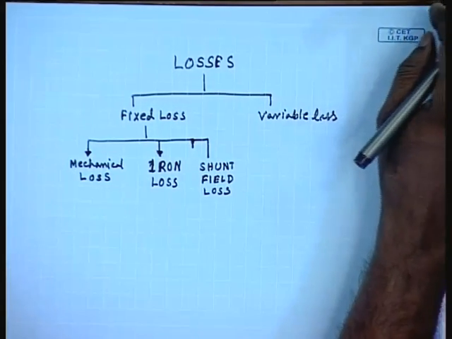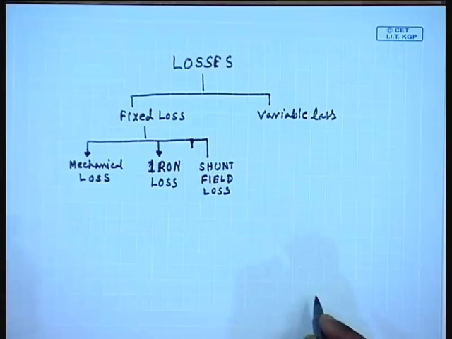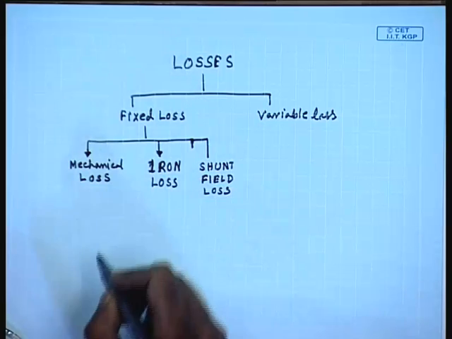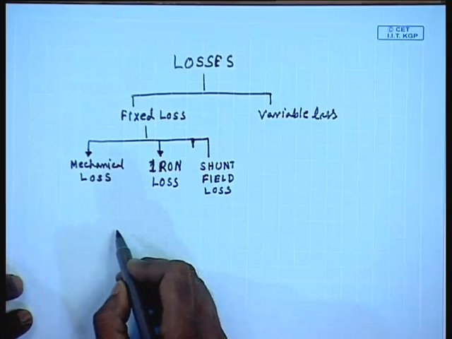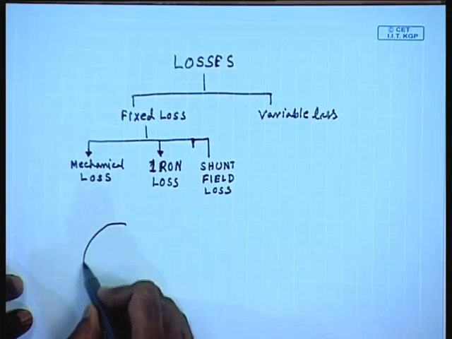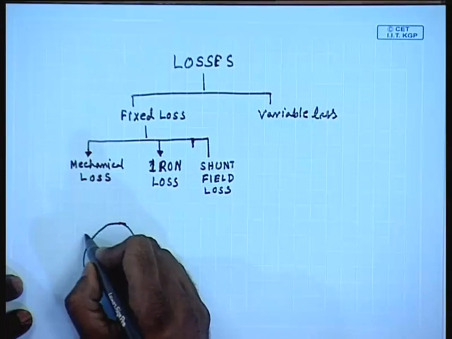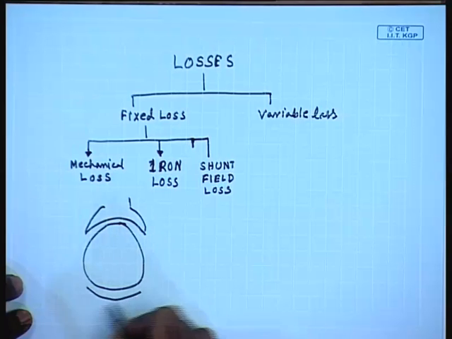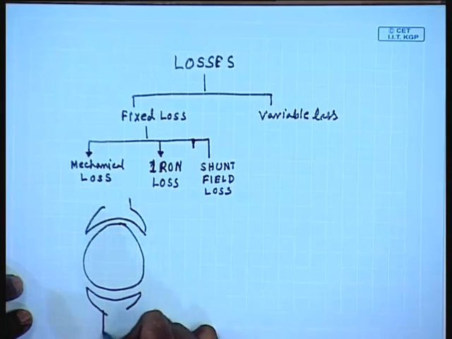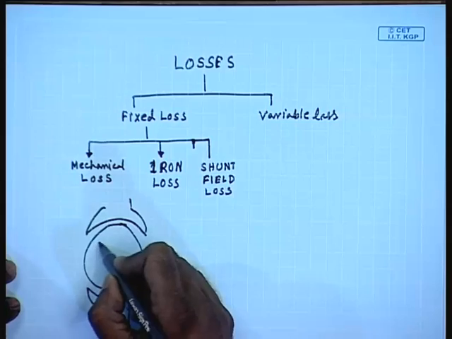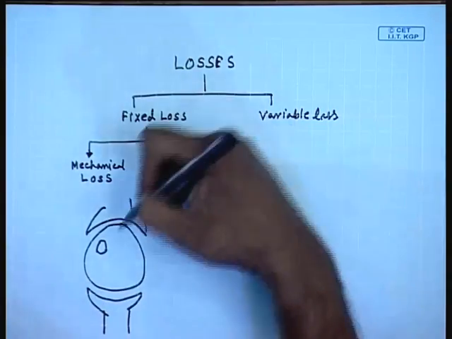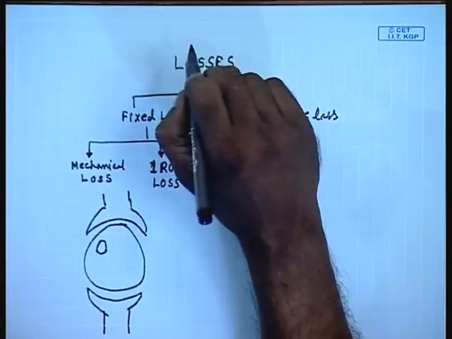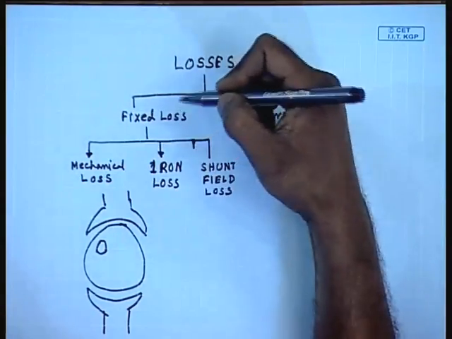Now, in a DC machine, although the currents and voltages are DC from outside, if we look at any portion of the armature, any volume in the armature, the flux passing through that volume is alternating, because the armature is rotating, both due to field and due to armature reaction.